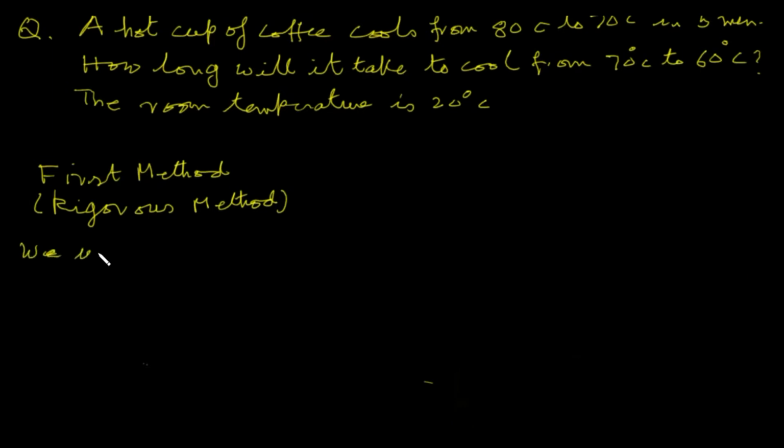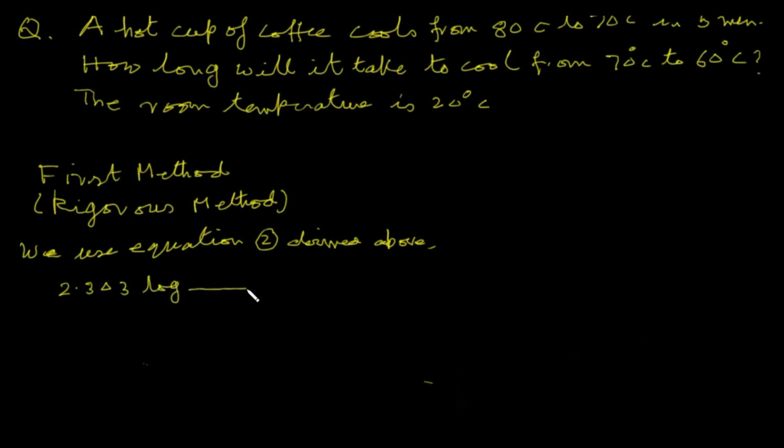Here we use the equation number 2 which has been derived above, and we just plug in the values of the final temperature, the initial temperature, and the room temperature, which is the temperature of the surroundings.